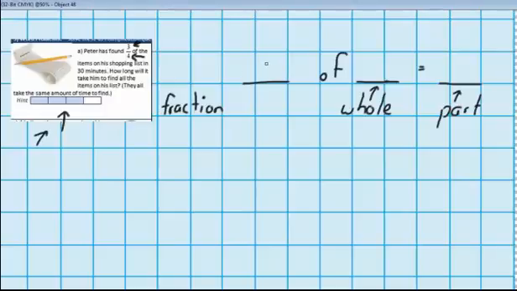So I'm going to come over here and add that fraction into our equation, 3/4. So now I need to think, does this 30 minutes that they're talking about in the question represent the whole amount of time or part of the amount of time? Well, if I look at the question again, I can see that it's taken him 30 minutes to find 3/4 of the items on his list, not all of the items on his list.